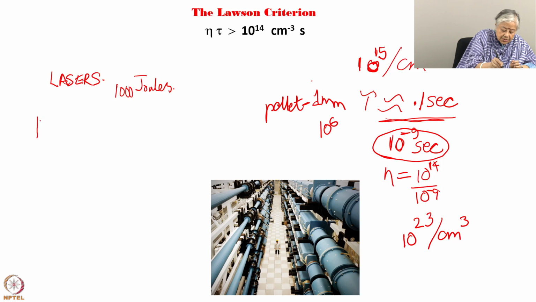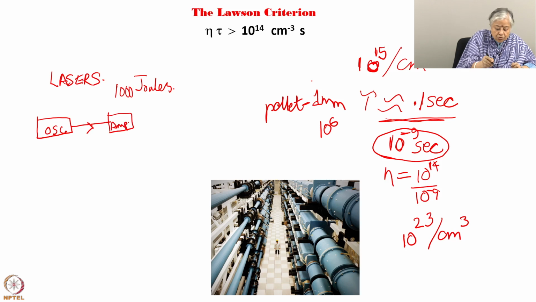So, I will have an oscillator. And then this goes on to one amplifier, where the energy output of the pulse from here goes into one amplifier and then gets amplified.